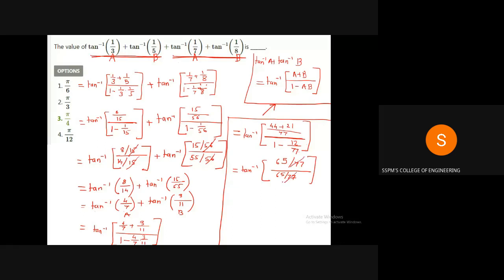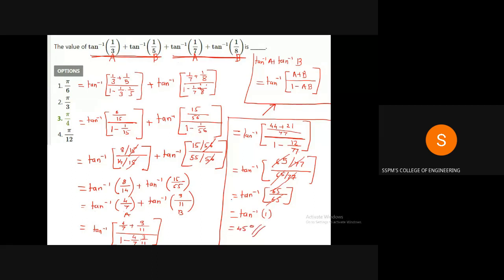This 77 will get cancelled. We will get tan inverse 65 divided by 65. So again 65, you can cancel it over here as well. Tan inverse 65 divided by 65 means tan inverse 1, which is equal to 45 degrees.